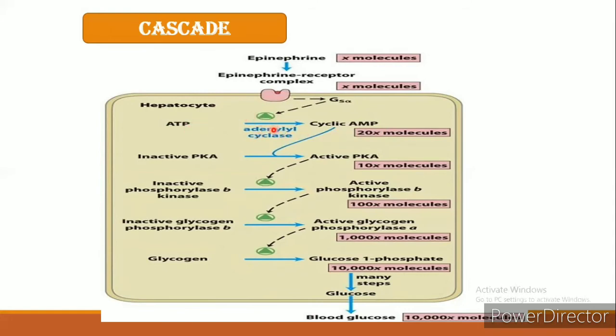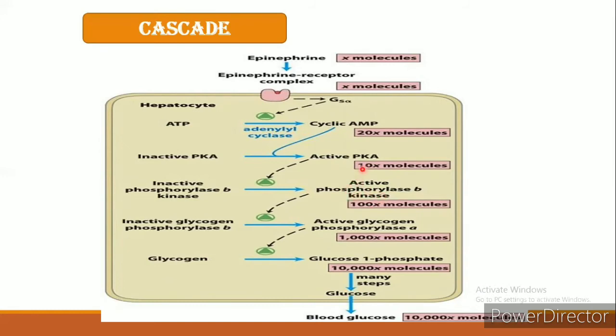Each of these cyclic AMP molecules can catalyze the activation of protein kinase A. Then each of these protein kinase A molecules catalyzes the activation of 100 molecules of phosphorylase B kinase.